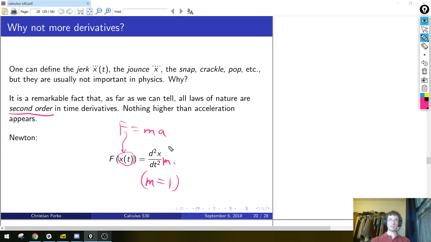The remarkable thing about this equation, though, is that it's telling you that if you know where a particle is, and you know how certain forces behave like gravity and electromagnetism, you automatically know the second derivative of the particle's position as a function of time. And as we saw before, you can kind of go backwards.